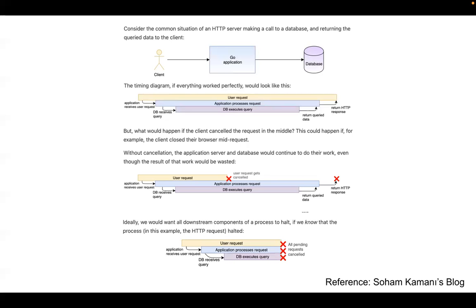The best practice is to stop our process after the user request is canceled. So we are using context for this, and I will explain it more later. We will see code examples for it.